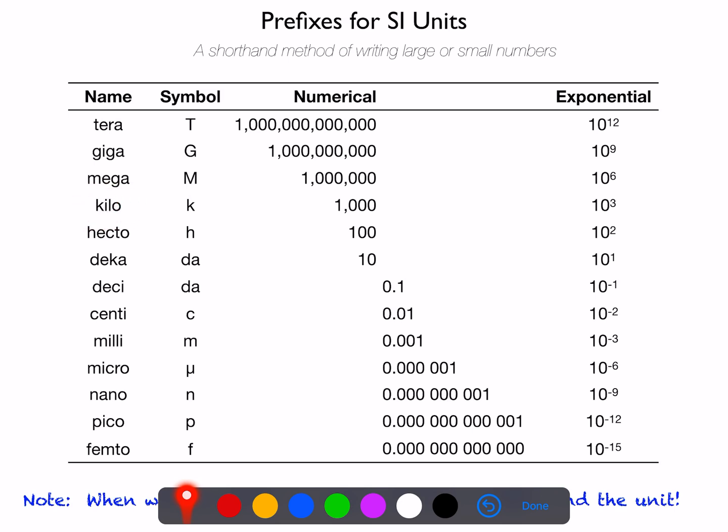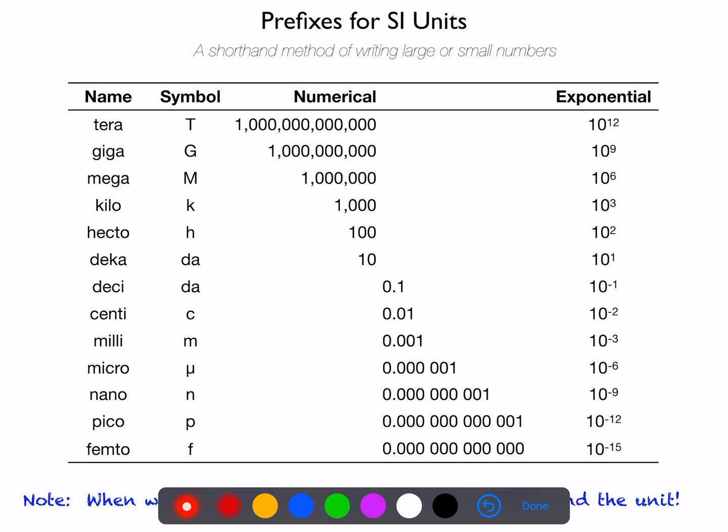And whenever you look at this table, we can see our prefixes and we can see the numerical representation. And if we want to write as an exponential notation, we can see that here. And so when we look at this table, we would say that one of this prefix is equal to this number of the thing.